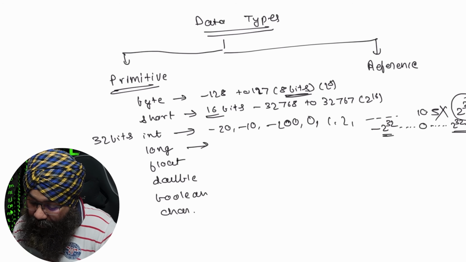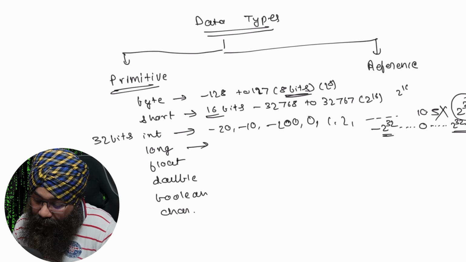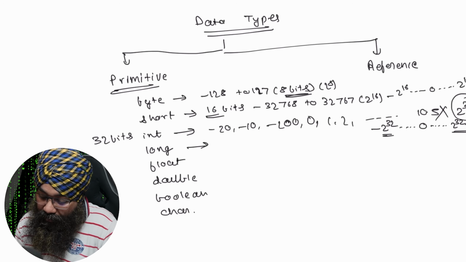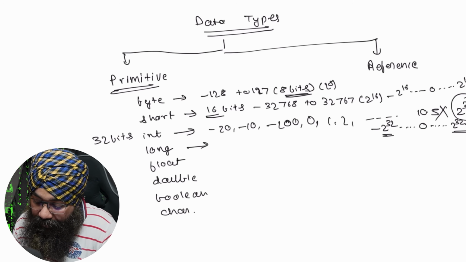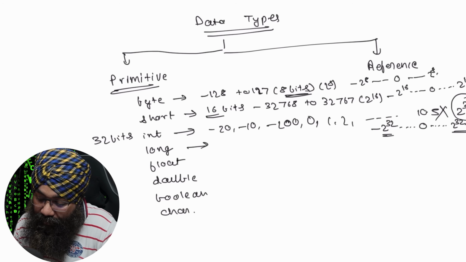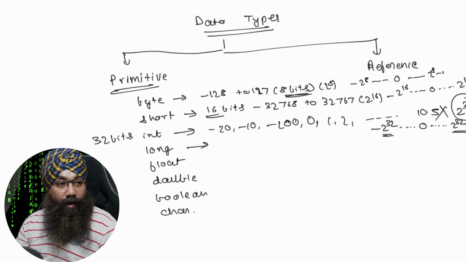Similarly, the range of short is also minus 2 to the power 16 to 0 to 2 to the power 16 minus 1. And similarly for byte, it is minus 2 to the power 8 to 0 to 2 to the power 8 minus 1. Okay, so this is the range for integer.